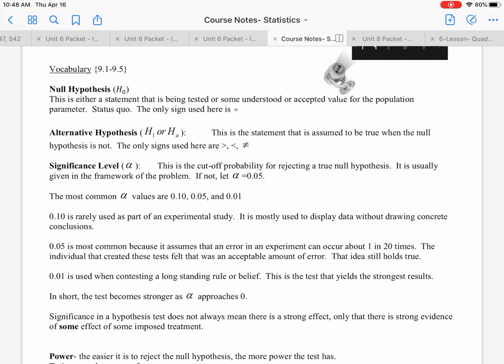At one point, I looked up the etymology of status quo. Latin, of course. The state in which.